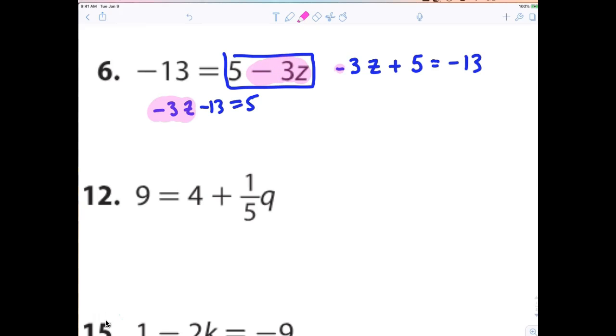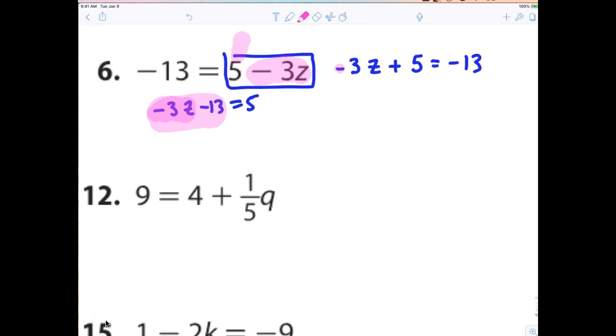You with me? What's next to the negative 3z? The 5. The 5 is not next to the 3z. You see what I'm saying? This 5 minus 3z is not this right here. That's not the same.